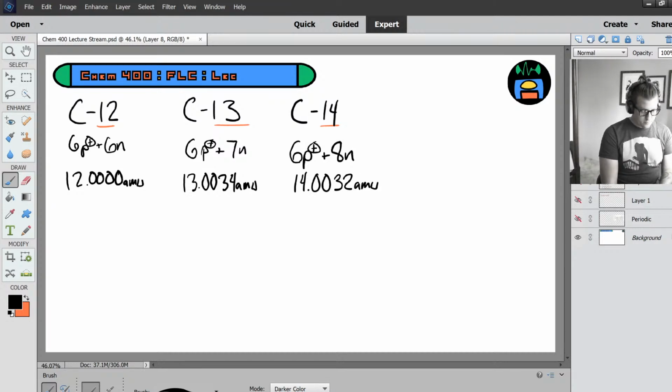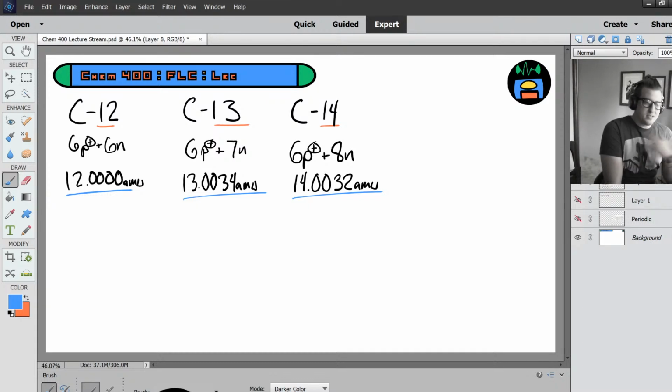Now, you might be going, wait a minute. On the periodic table, there aren't 3 masses of carbon. There's only 1 mass, right? How is it that we have 3 different atomic masses, but there's only 1 reported on the periodic table?